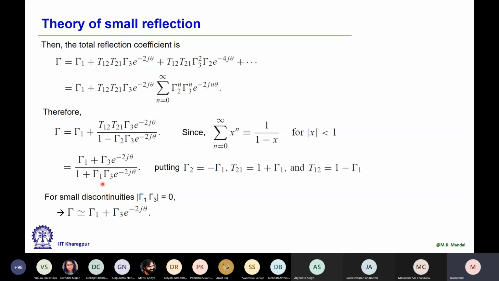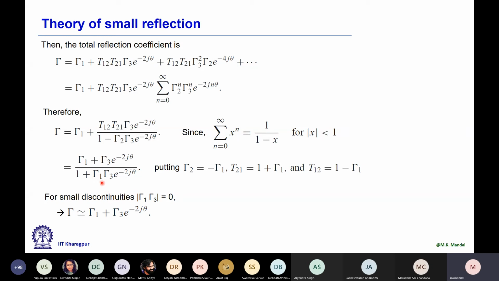Now we can further simplify it. If I consider that the discontinuities are small, so that means the reflection coefficient value is small, then let's say gamma 1 is 0.05, gamma 3 is 0.05. If we multiply further, we can assume gamma 1 gamma 3 is equal to 0.